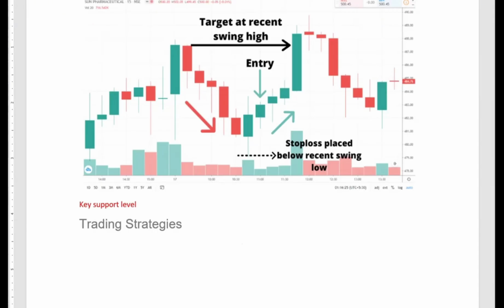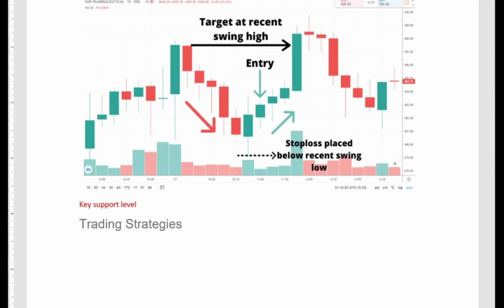While this pattern can be a useful tool for identifying potential entry and exit points, it should never be used in isolation. Traders should always be aware of other market indicators and do their own research to make informed trading decisions.